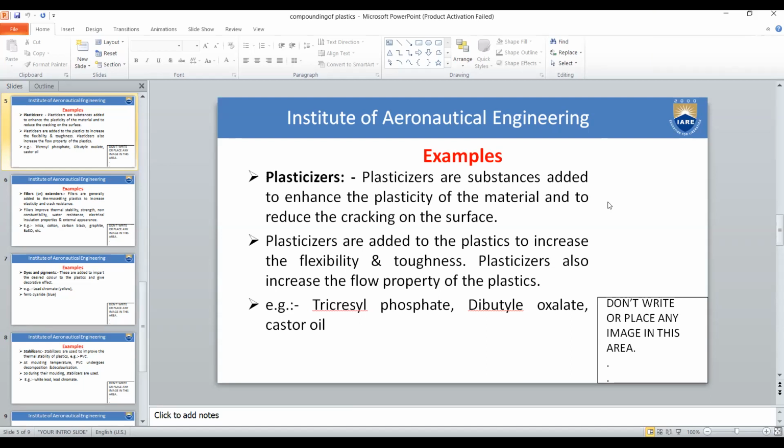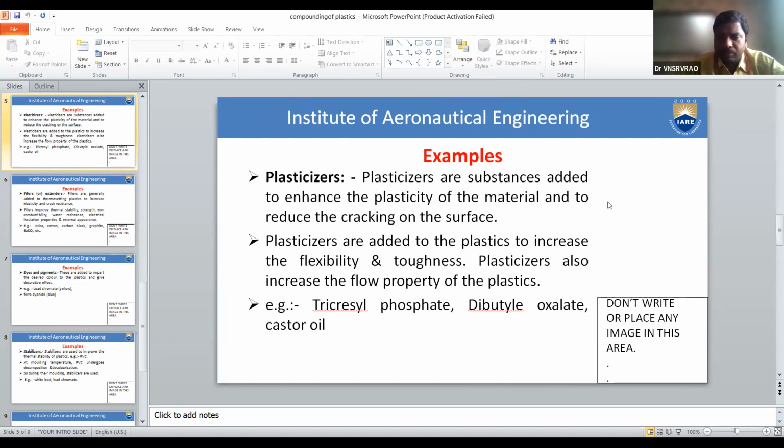Increases flexibility and toughness. And what is another property? Flow. They increase the flow property of plastics. So there are mainly 3 advantages from adding plasticizers: to improve flexibility and toughness, and also to improve the flow property of the plastics.